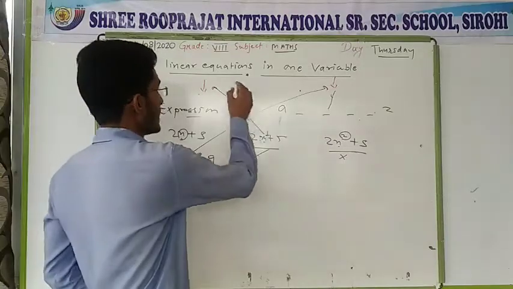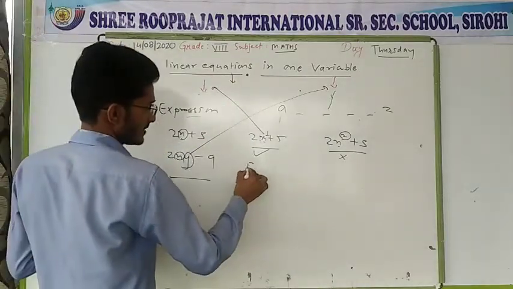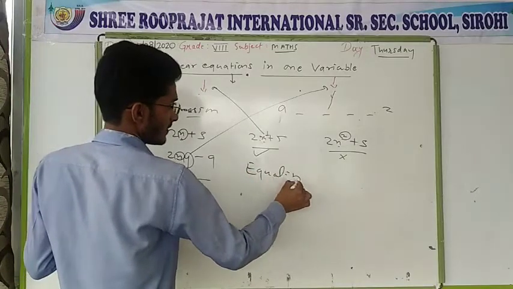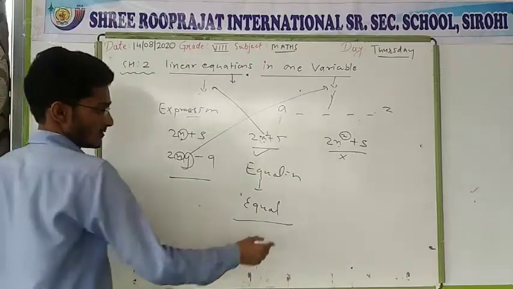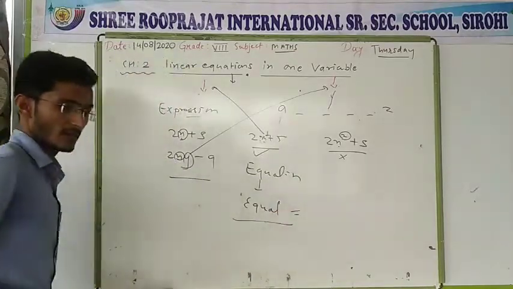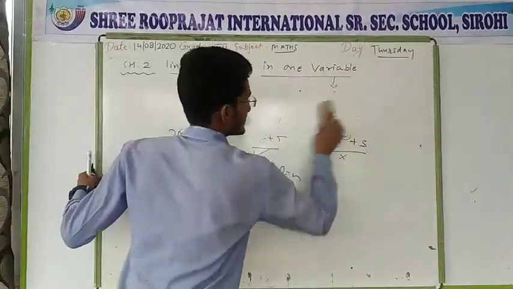Okay. So now there is one more word, that is equation. There is one word given, equation, that means equal. And you know what we mean by equal? So when there are two parts, let's take an example first.